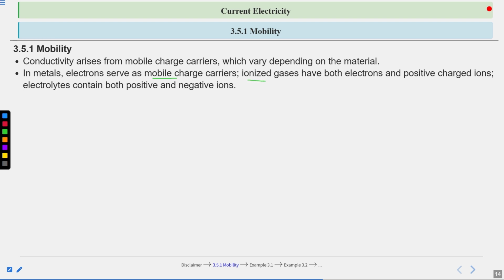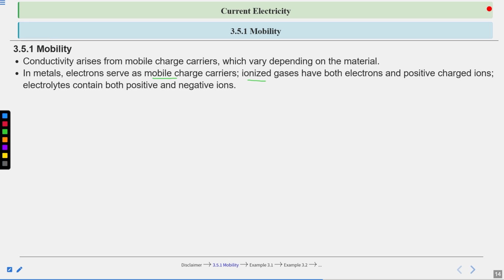Ionized gas. What are ionized gases? You may have studied the cathode tube experiment in the chemistry chapter 2 in 11th. In the cathode tube experiment, a high potential difference is created, and the gas is ionized, which means it is broken down into ions and electrons.